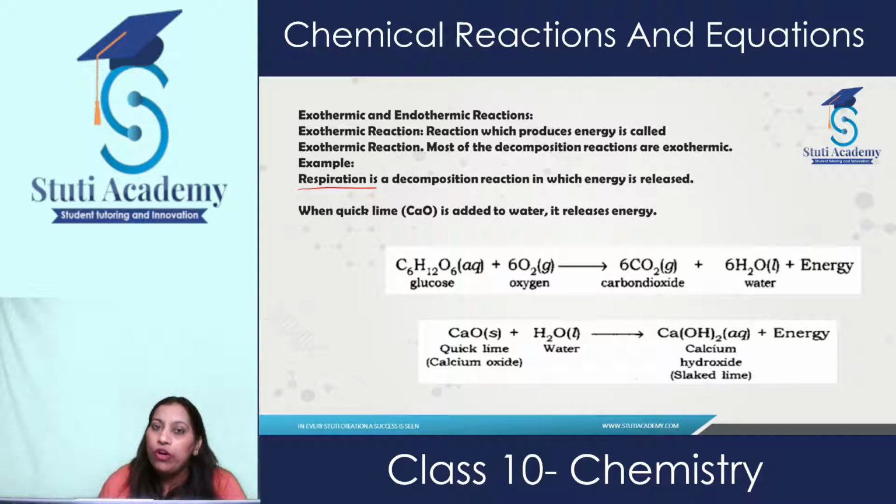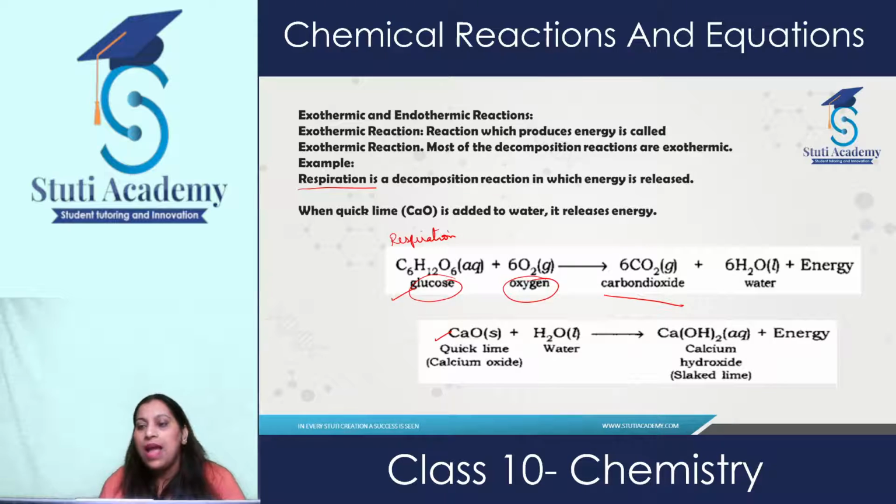An example of an exothermic reaction is given here. As you can see, glucose combines with oxygen and releases carbon dioxide gas. This is respiration. When we are respiring, we are utilizing glucose and oxygen, which results in the release of carbon dioxide gas, water and energy. And this energy is utilized by our cells.